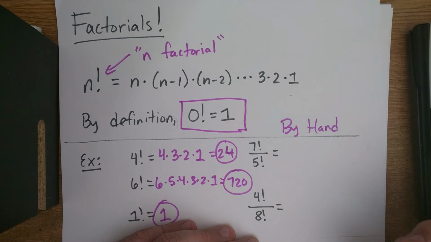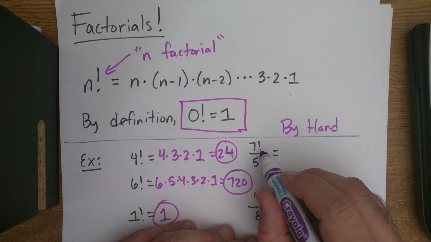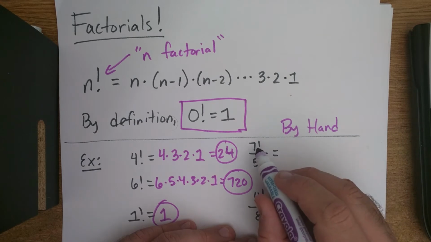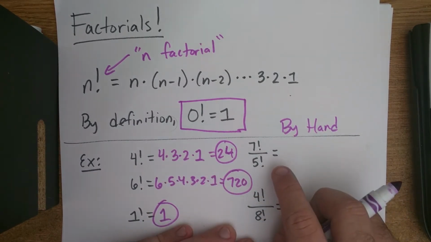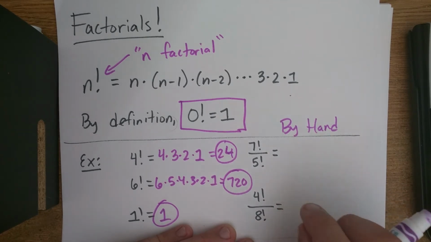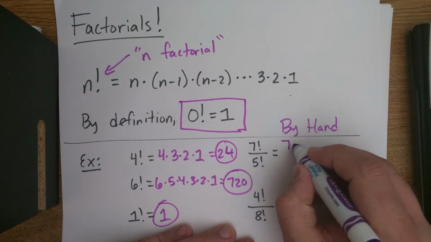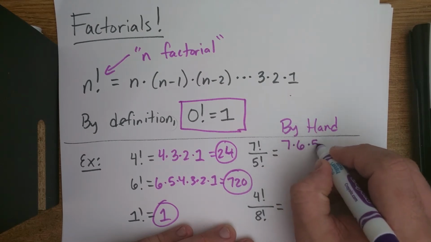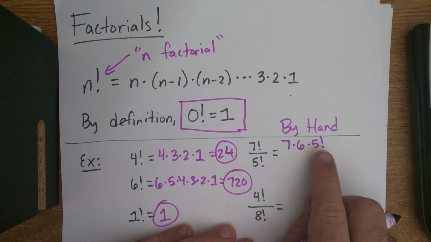So basically showing work. Here's a little trick, and let's see if this makes sense to you. If I expand 7 factorial, 7 factorial is 7 times 6 times 5 times 4 times 3 times 2 times 1. But couldn't I also do it like this? I want you to think about this. I can write 7 factorial as 7 times 6 times 5 factorial. Why does that work?